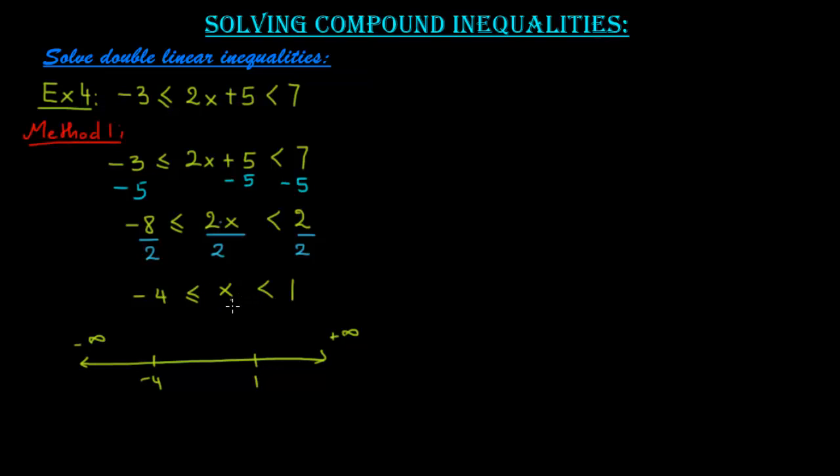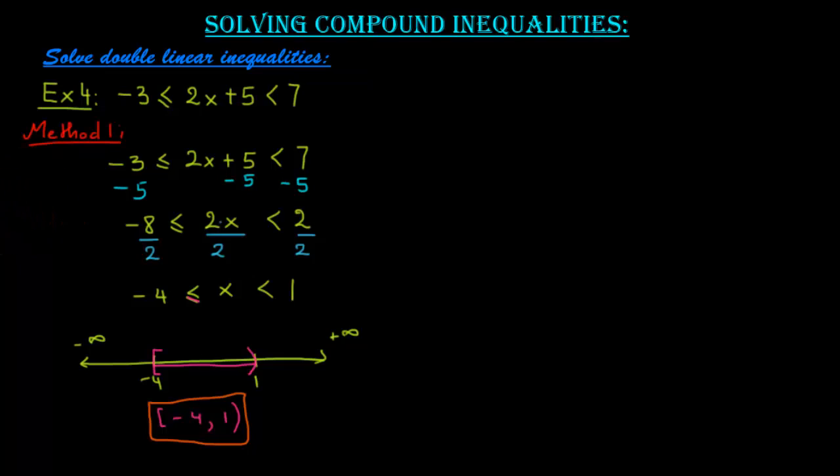So x in the middle, x from -4 to 1 with a bracket at -4, because you have the equal sign at -4. So it's a bracket at -4 and a parenthesis at 1, and x in the middle. So our answer is from -4 to 1.